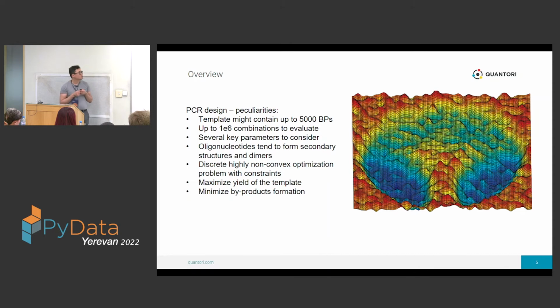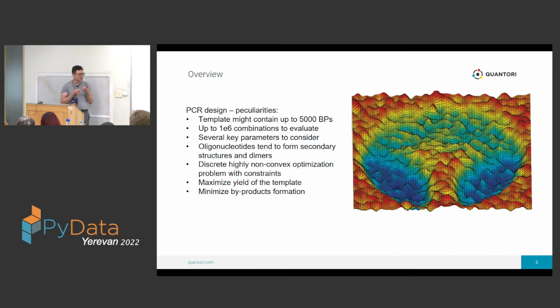There are several key parameters to consider in that design, and one of them is that we need to minimize the presence of self-foldings and dimers formed by primers and probes. It's a difficult task to identify such structures, and it's quite time-consuming, and that hampers the design speed.